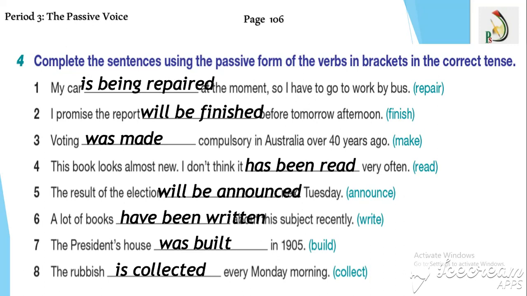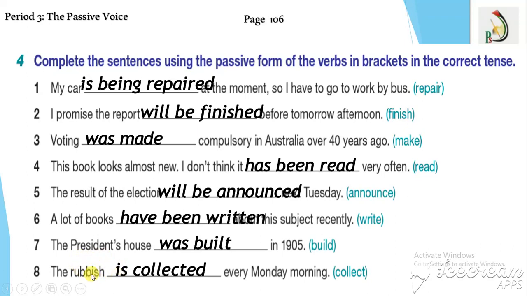Dear students, you have to focus on one point. And that point is whether the subject is doing the action or the action is taking place by itself. For example, see, the rubbish is collected. So you know that the rubbish cannot work itself.